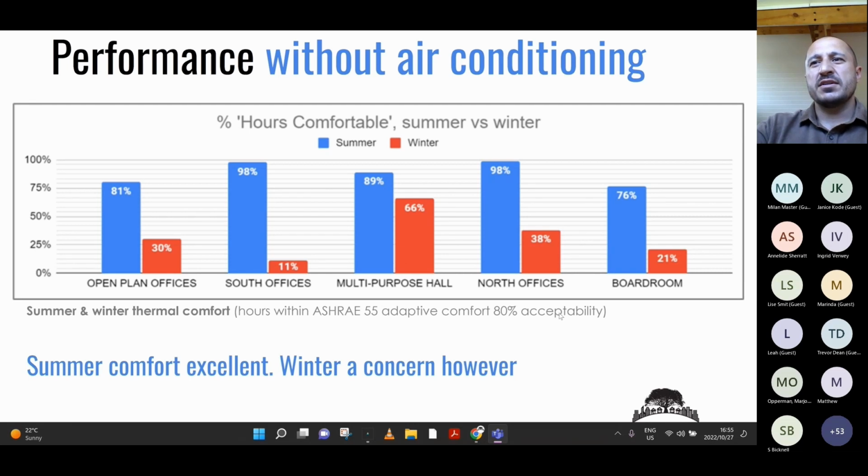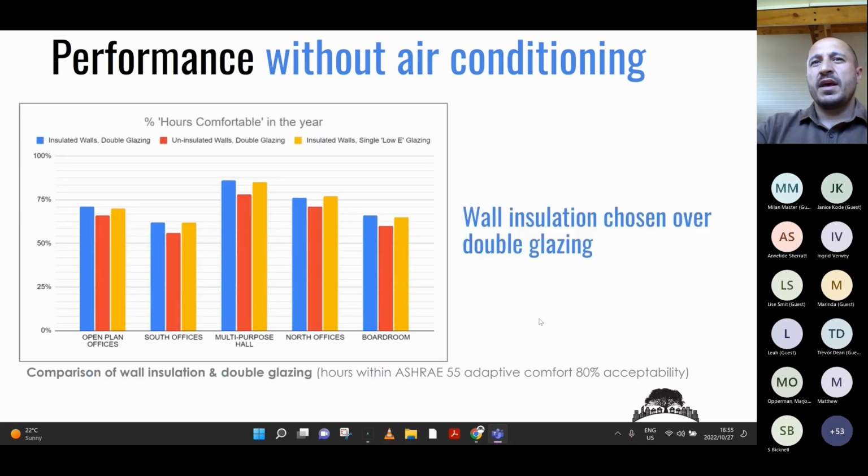But we did then have to deal with the issue that the space is getting too cold in winter. We are also able to use the models to compare your fabric, and in this specific case, wall insulation proved to be a better choice than double glazing.